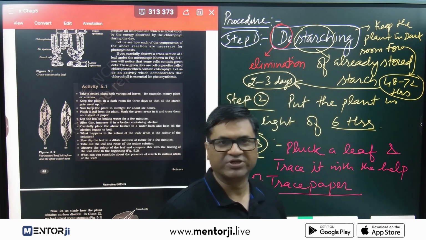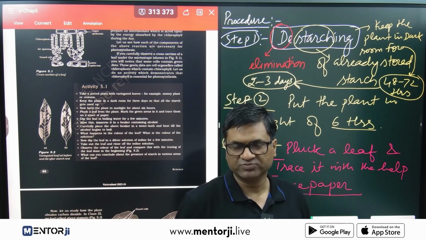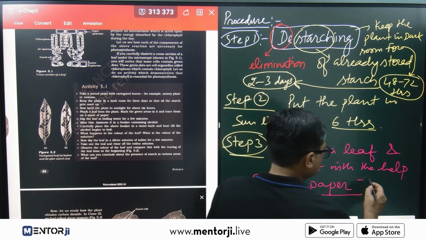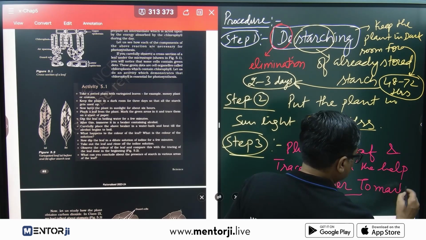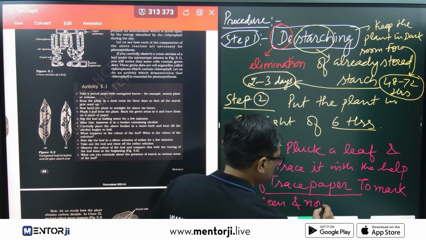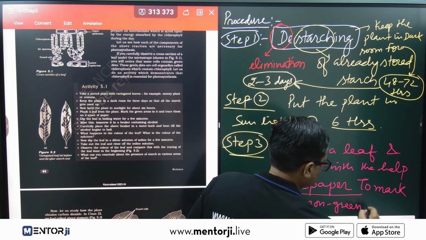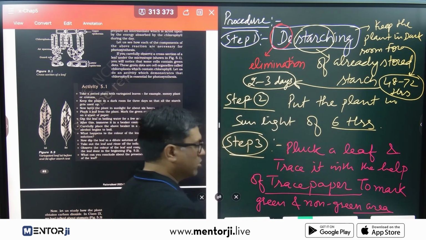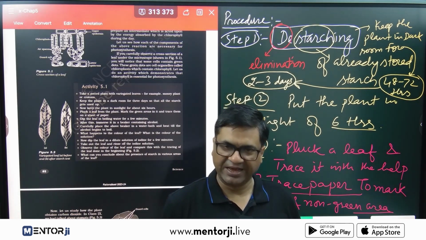We trace the leaf with the help of trace paper to mark the green and non-green area.